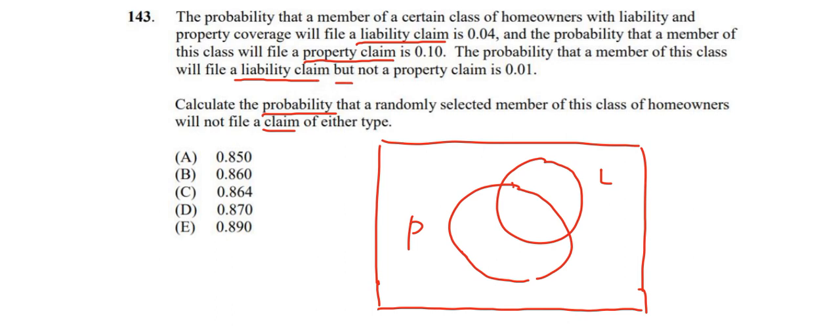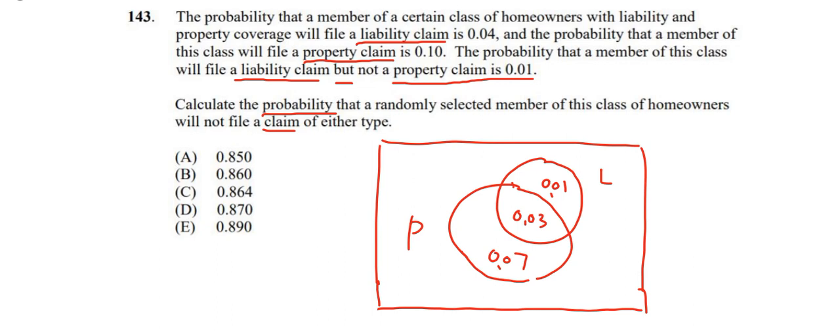Liability but not property is 0.01. So this part is L but not P. Then all liability is 0.04, so we can say the overlap is 0.03. And all property claim is 10%, so this is 0.03, and here is 0.07.